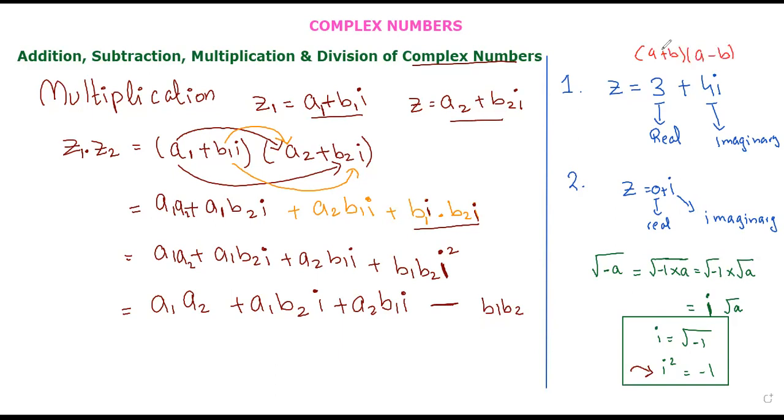We do a and a, we do a and b, we do b and a, we do b and b, and stuff like that. It's just that multiplication. Once you are done with this, obviously we have iota, so it would be iota square. The different part is only in the last step, that since in complex numbers iota squared equals minus 1, we just write down minus b1 b2.